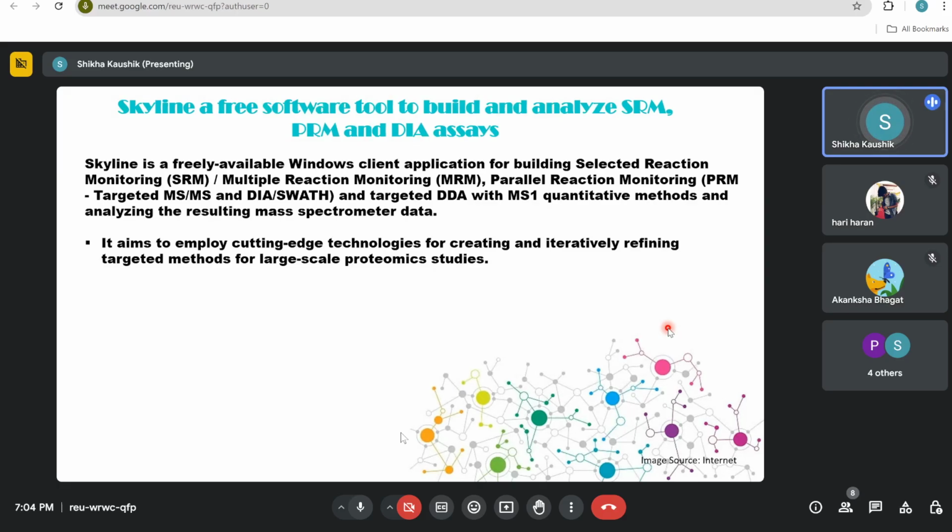So with the help of this software, you can actually define your workflow. You can get your data from the discovery MS and take it further. You can validate through PRM, SRM, or any other approach that you want to take up. So this software is very important when you talk about high-throughput proteomic studies, right? So you can use this software.